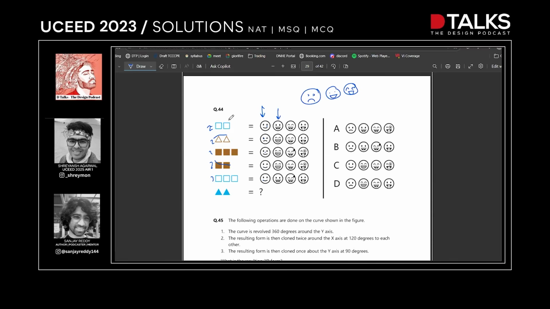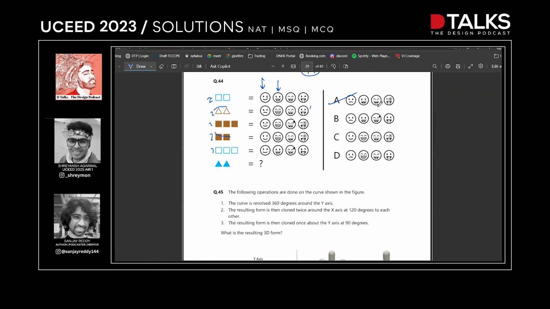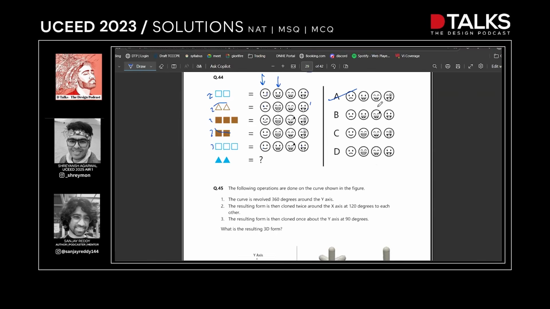Just the stroke ones are this, and the solid one are this. So the last one is going to be this one, and that option is only A. So the answer for 44 is A. That's correct.